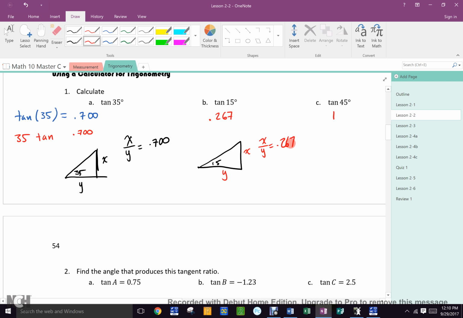All right. And this one would be 45. And x over y would equal 1. Is everybody good with the concept? Please notice I have put no numbers in, have I? Because I want you to get the concept. Everyone's cool? All right.